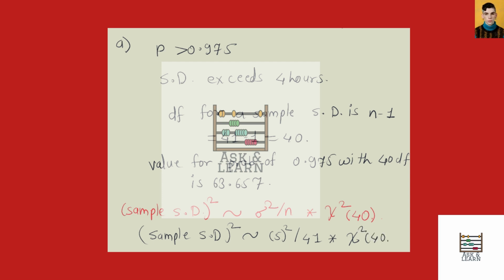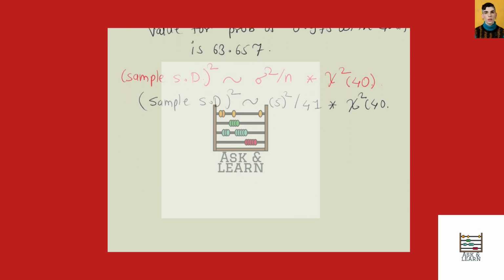So we get the sample standard deviation square follows 0.6097 multiplied by chi-square of 40.